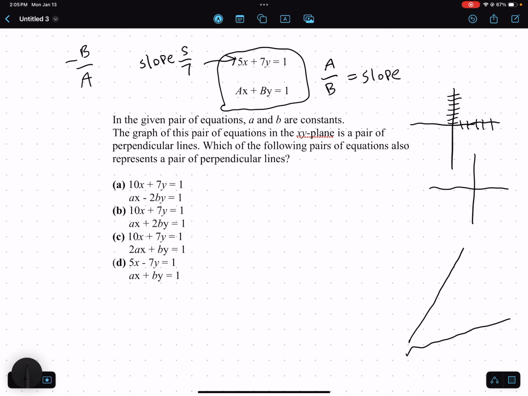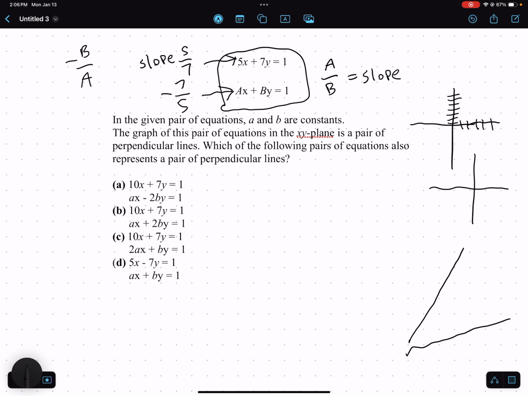And that right there tells us the slope of this second line, because the question tells us that the graph of this pair of equations in the xy plane is a pair of perpendicular lines. So the slope of the second equation, we know, must be negative 7 over 5 by this law.